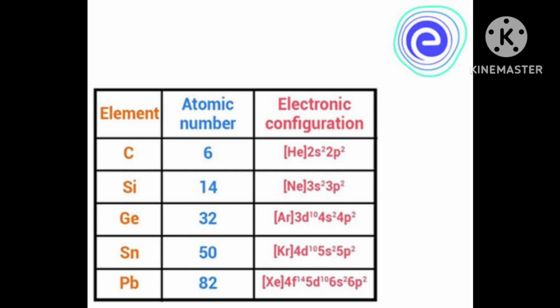Silicon, germanium and tin all three have the same value, 1.8. The fourth, lead, is roughly the same, only 0.1 more, meaning 1.9. So carbon has more tendency to attract the electron in comparison to silicon, germanium, tin and lead.